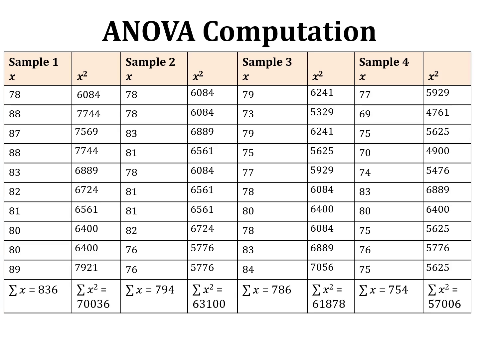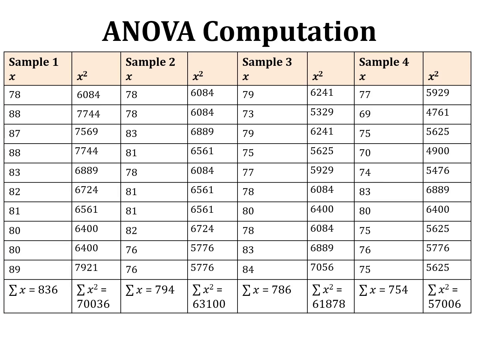Then for sample number 2 we have 78 plus 78 plus 83 plus 81, and the summation x is 794. For sample number 3 we have 79 plus 73 plus 79 plus 75 and so on, and the summation x is 786. For sample number 4 we have 77 plus 79 plus 75 plus 70 and so on, and the summation x is 754.